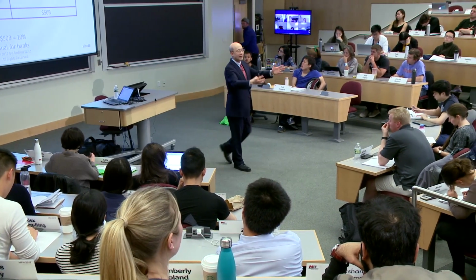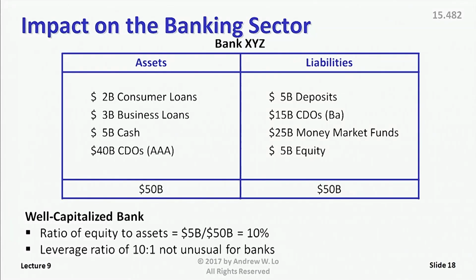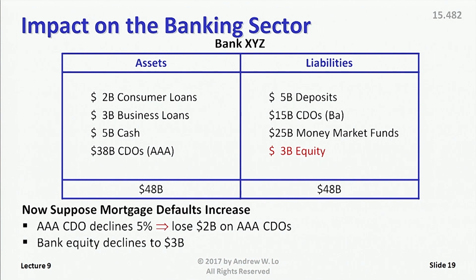This is a typical bank that's well capitalized. It's got leverage of 10 to 1, 10% capital ratio. But it's got the AAA tranches long, and it's got the below investment grade tranches short. So it's got these assets on its balance sheet. It's got the below investment grade on its liabilities. And over time, as they lost money on the AAA tranches, that deteriorated their equity.